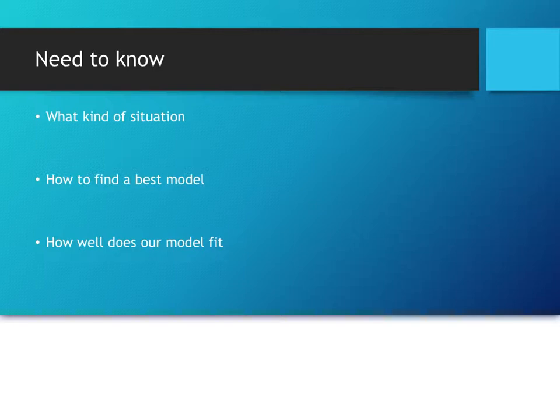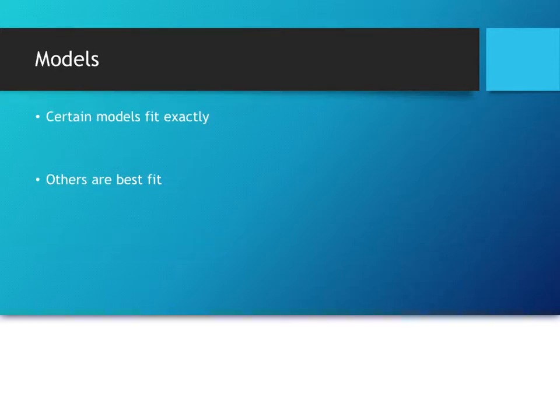And after we've found this formula, we always have to ask ourselves, how well does our model fit? Because there's a lot of times in real life that even though our models may be good, they might not fit perfectly. And they might be varying levels of goodness. For instance, certain models are going to fit exactly.